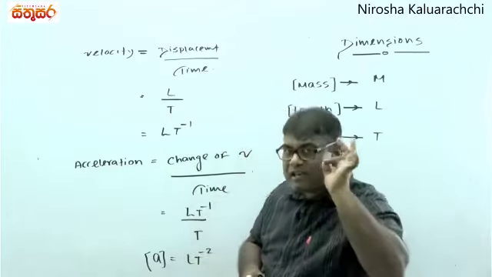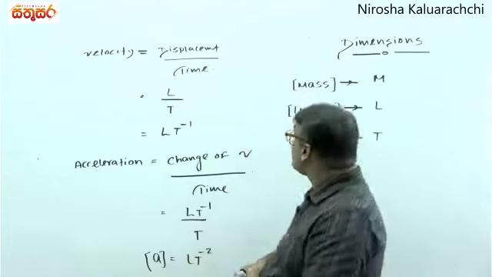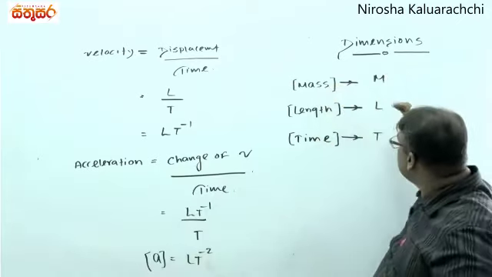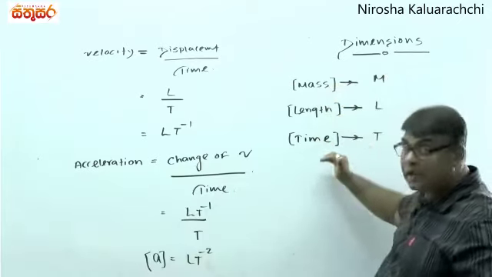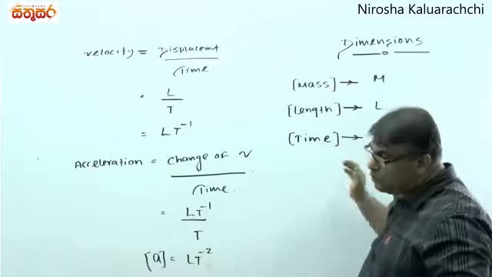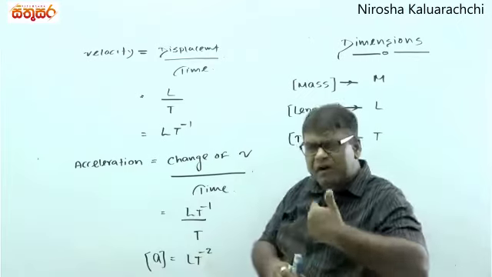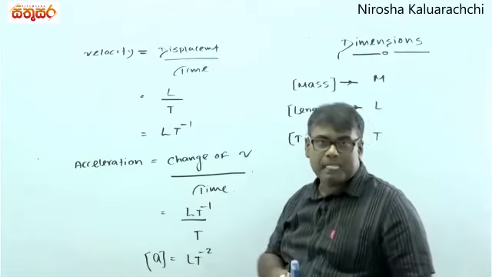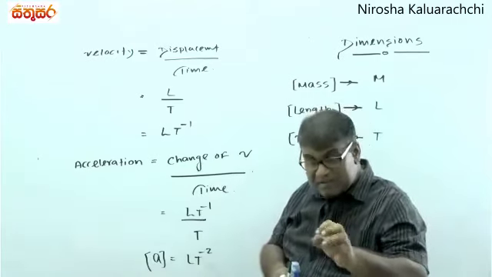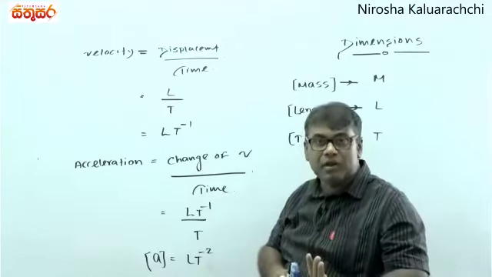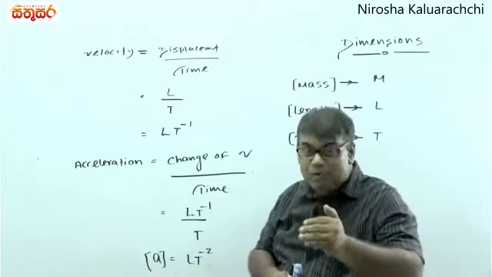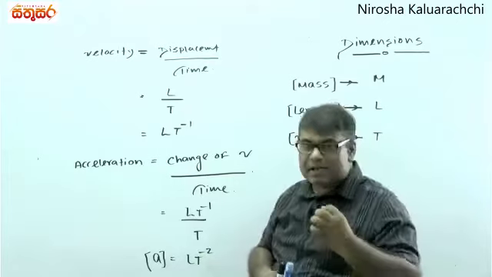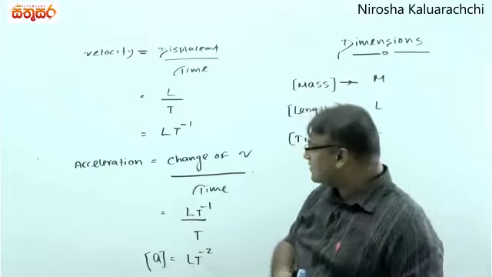But we have only three dimensions: M for mass, L for length, T for time. By using these three, we can write the dimensions of several quantities in the physics syllabus. Therefore, the term dimension is introduced to easily identify an unknown physical quantity without huge effort.